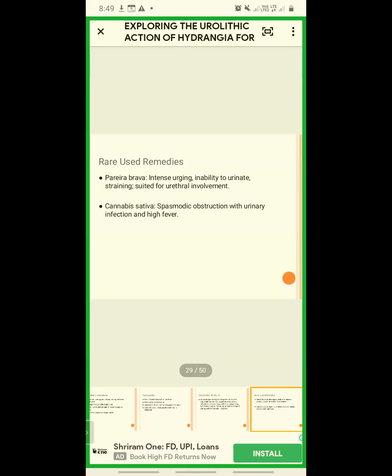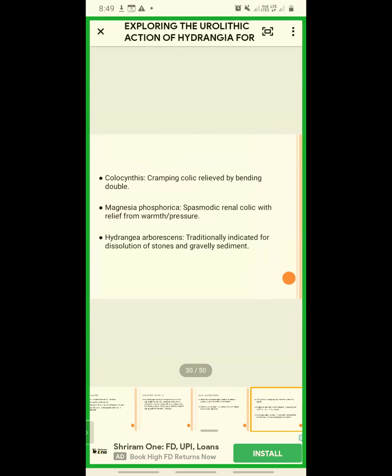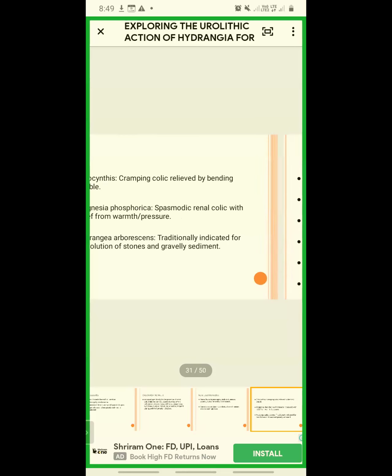Next is Cannabis sativa, spasmodic obstruction with urinary infection and high fever. Next, Colocynth, crampy colicky pain that is relieved by bending double. Magnesia phosphorica, spasmodic colic relieved by warmth and pressure. And Hydrangea is one of the traditional medicines used for renal calculi.